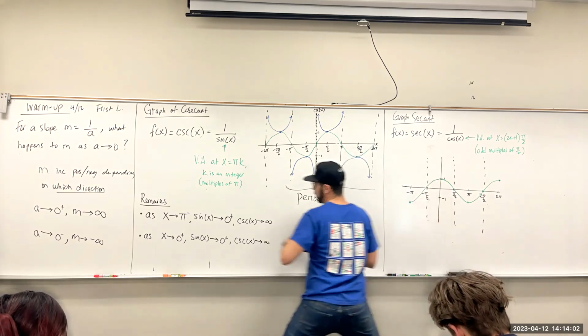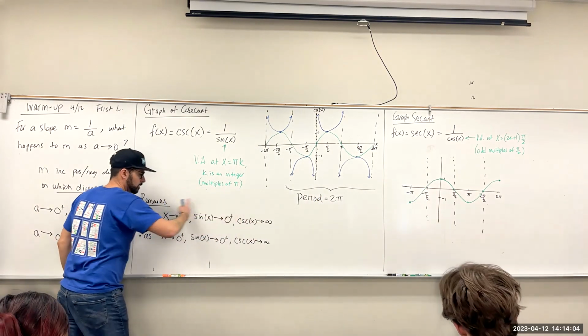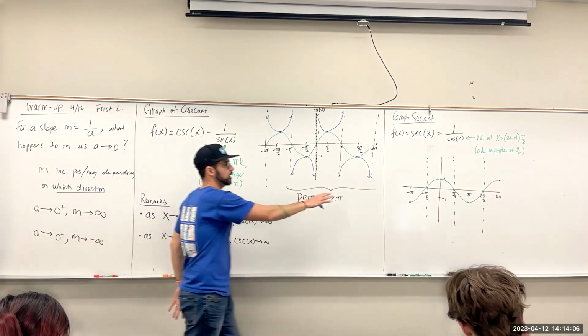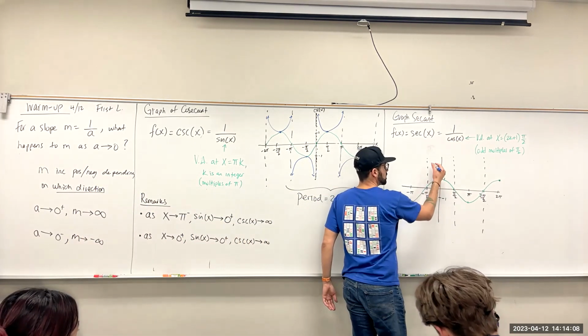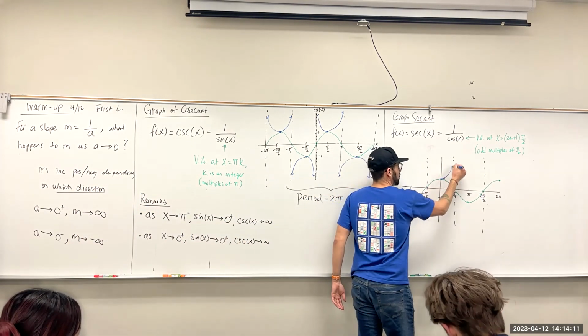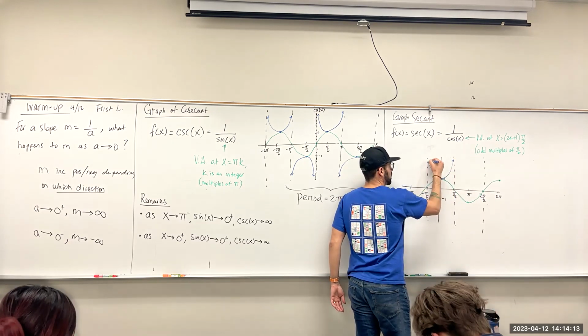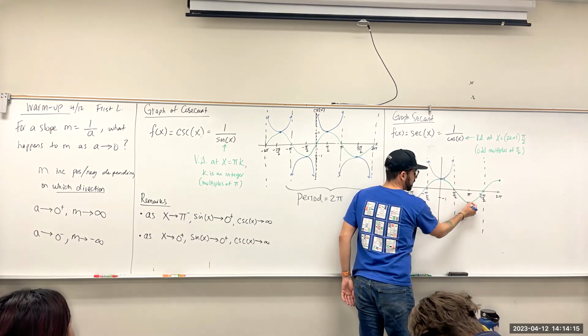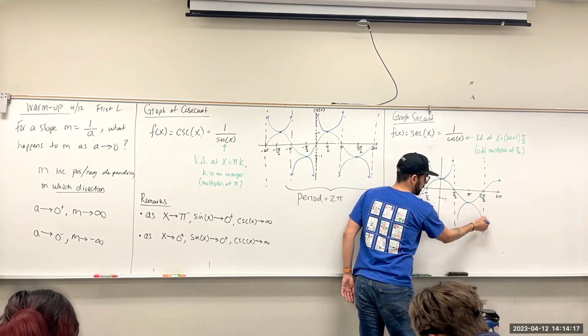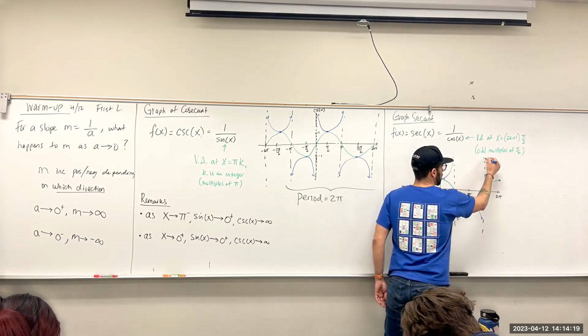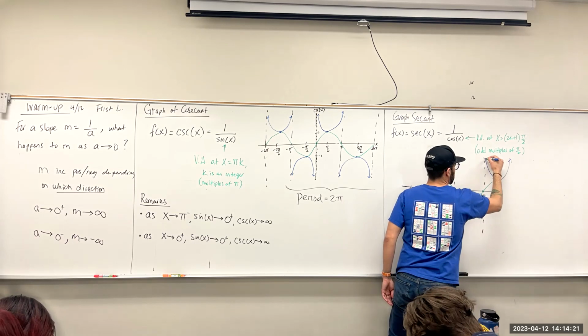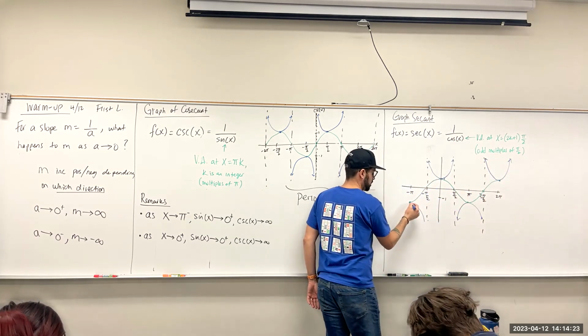And all the logic we did here, guys, I'm not going to repeat it, but the same logic applies here. When cosine's positive, secant shoots towards positive infinity. And when cosine's negative, secant shoots down to negative infinity. And so on. Same pattern as what we did.